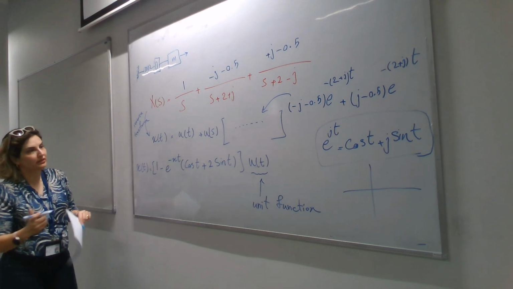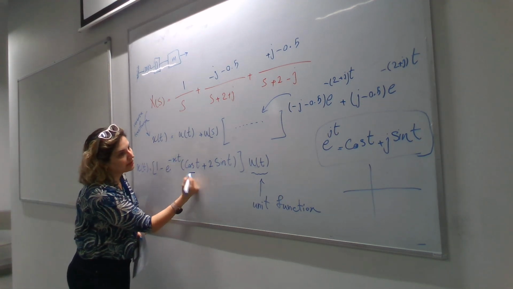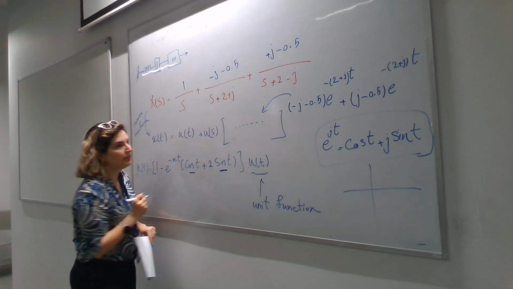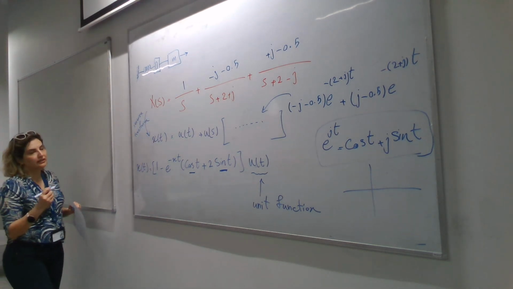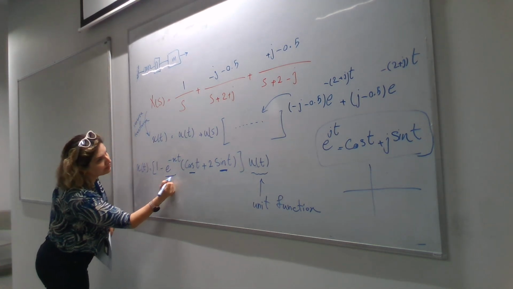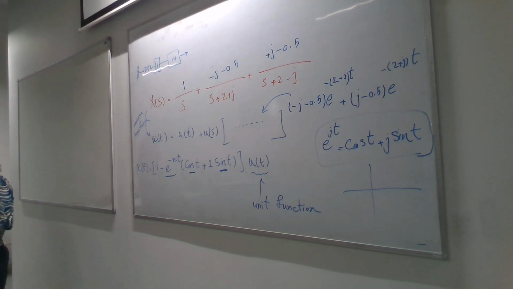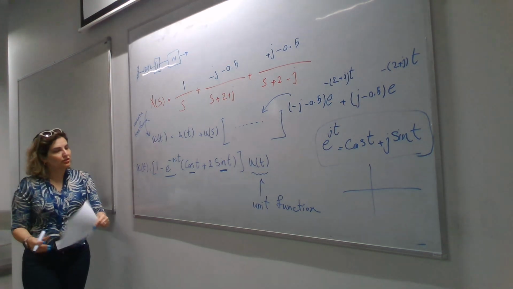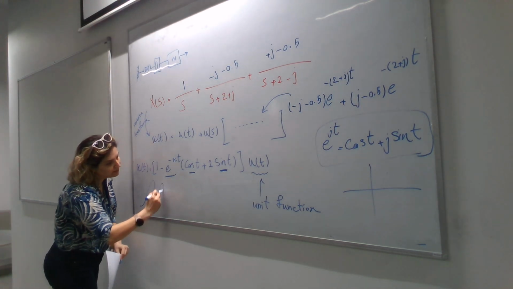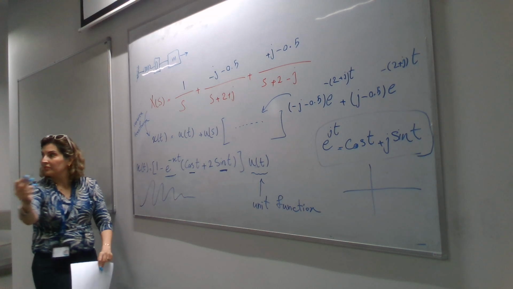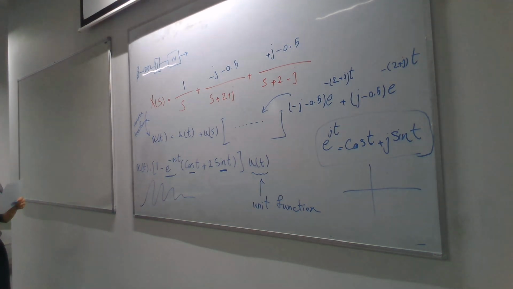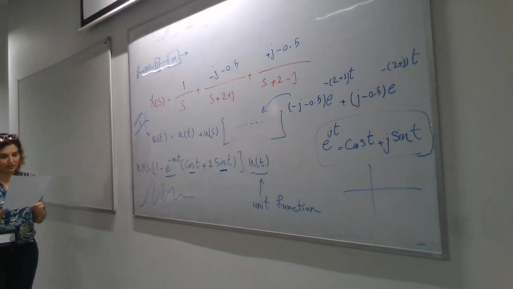It does have sine and cosine, and it has an exponential. So we are looking at the transient response. When we plot that, it's going to look something like this, right? Now that would be our transient response.